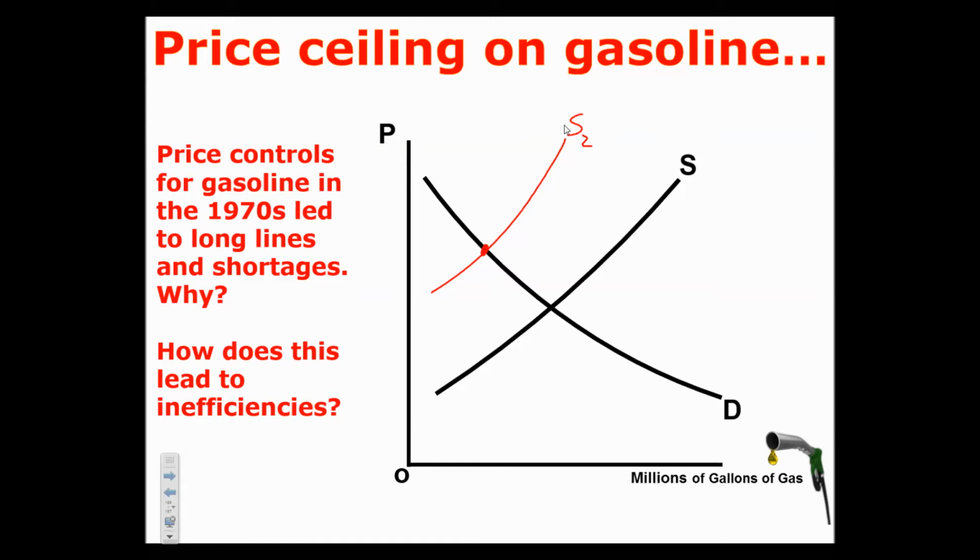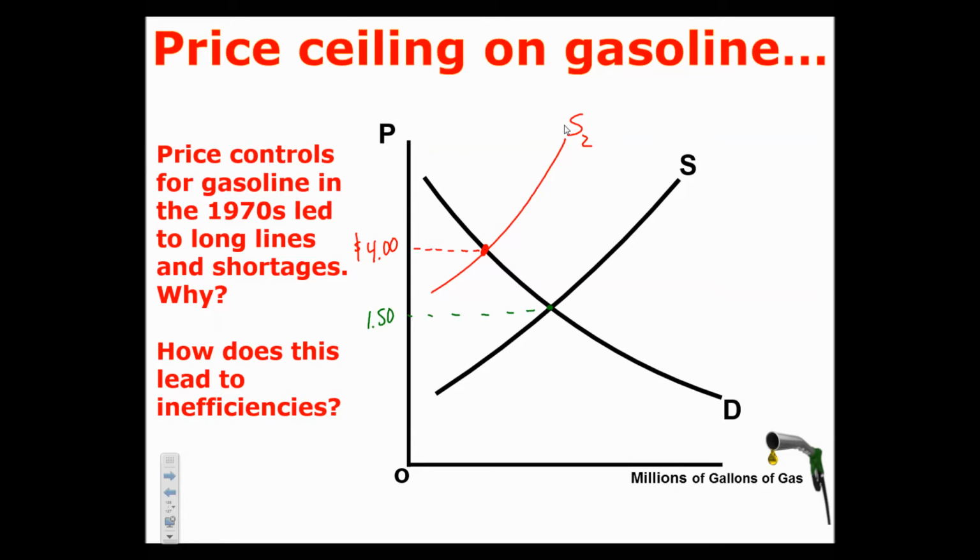The prices at the new equilibrium ended up being, in today's dollars, around $4. Now people were used to paying, in today's dollars, let's call it $1.50.